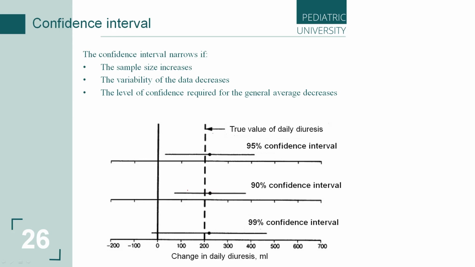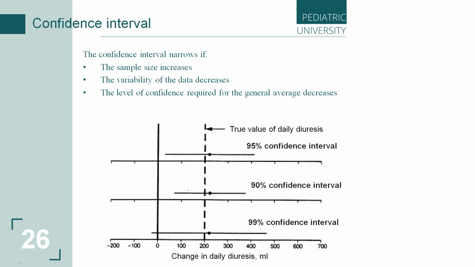Here the 10% is the probability of error. The widest is the 99% interval. We increase the accuracy, and the interval immediately widens.